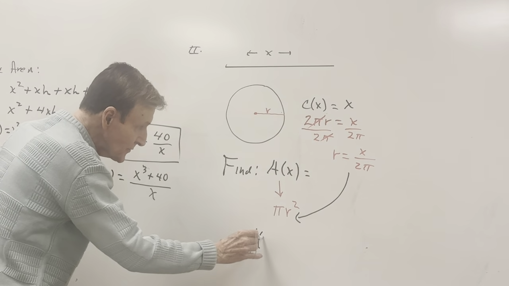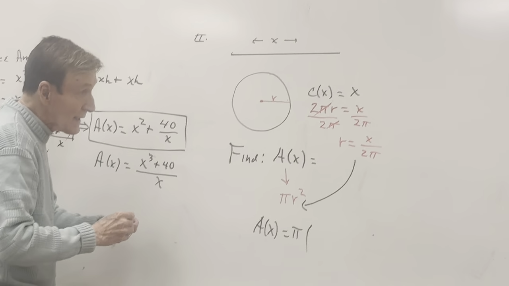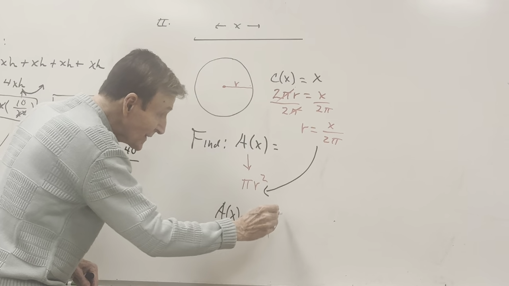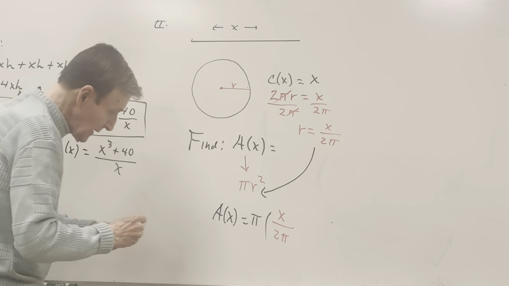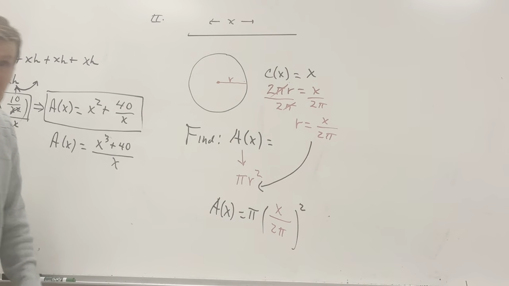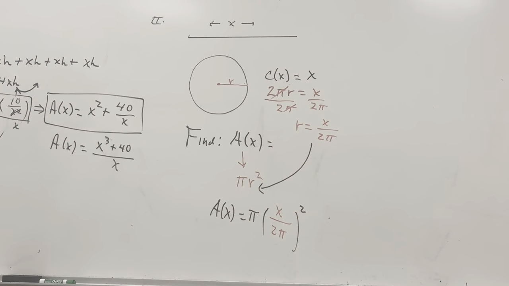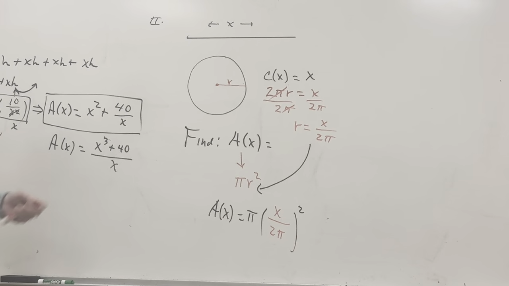A of x is equal to pi, and then my replacement coming in is x over 2 pi. And of course that's being squared, I think. Yes or no? Is that true? And if I clean that up, by the way, guys, everything's in terms of x now. There's no r.